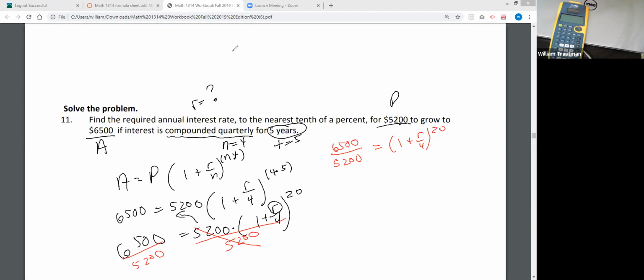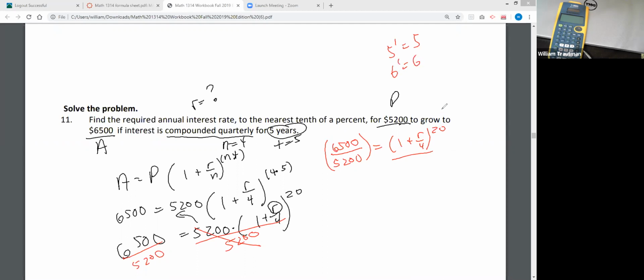Okay, so now watch what I do because this is a lot of stuff that we haven't done. This is in parentheses, so I'm just going to put this in parentheses to show you this. I want this 20 to be a 1. I don't want a power, right? 5 to the 1 power is 5. 6 to the 1 power is 6.